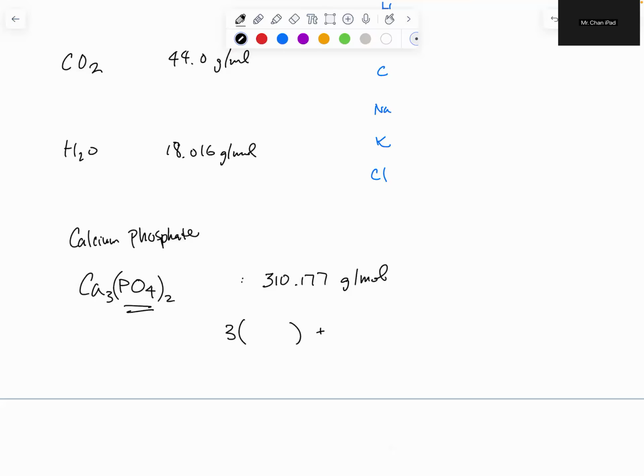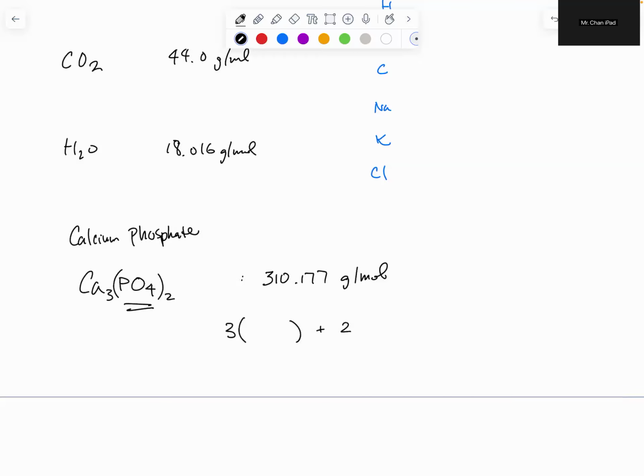Or if you say, hey, I understand the chemical formula, that would be 2 phosphorus and 8 oxygen. You know the count of each element, and then you multiply the molar mass accordingly. So let's see if you get the same number.